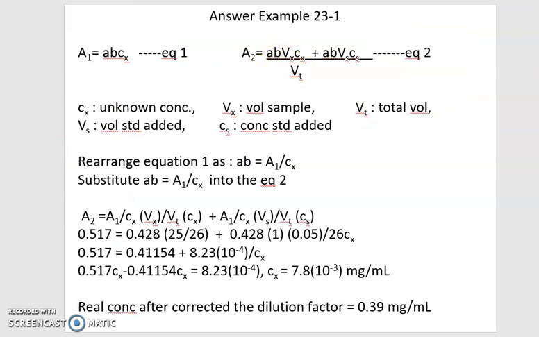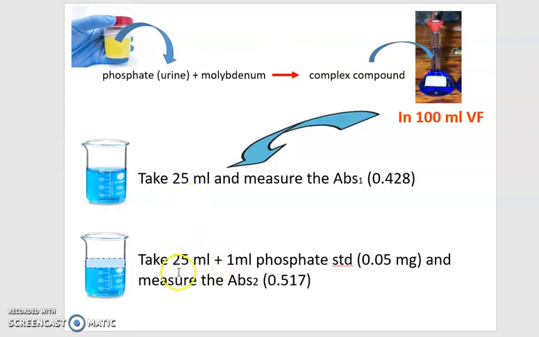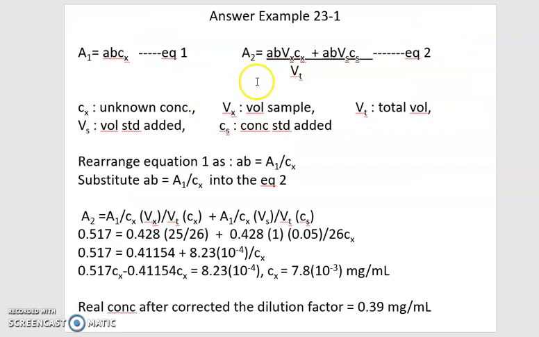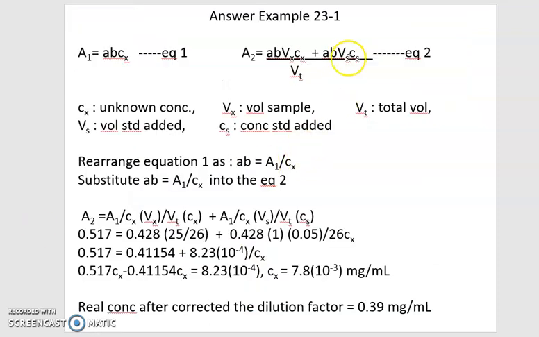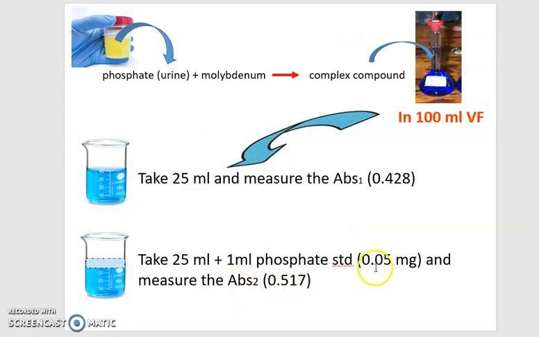The total volume is 25 plus 1, which is 26. Cx we don't know, which we want to find out. Vs refers to the volume of standard added, which in this case is 1 ml. And the concentration of phosphate standard added is 0.05 milligram per ml.